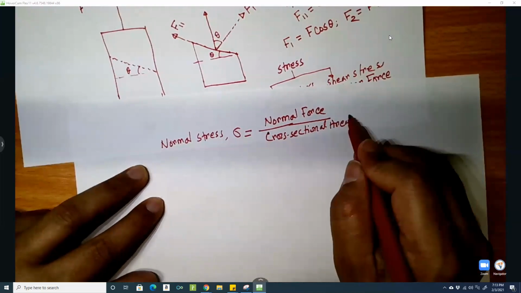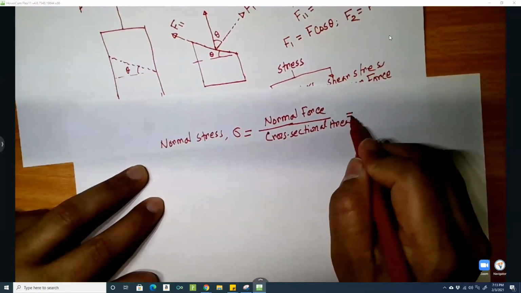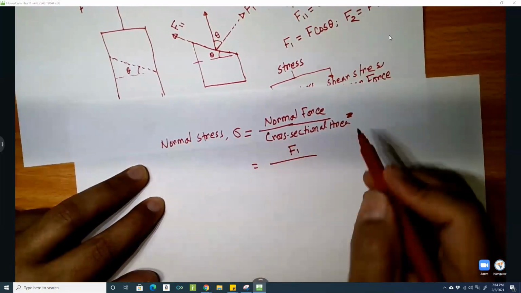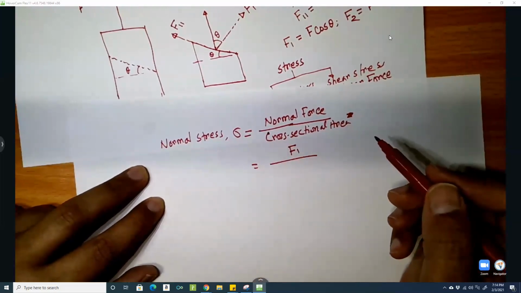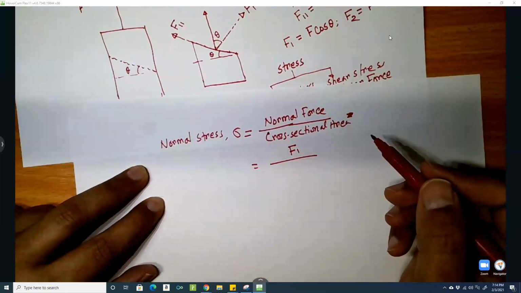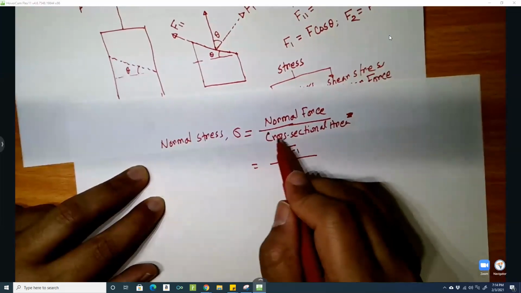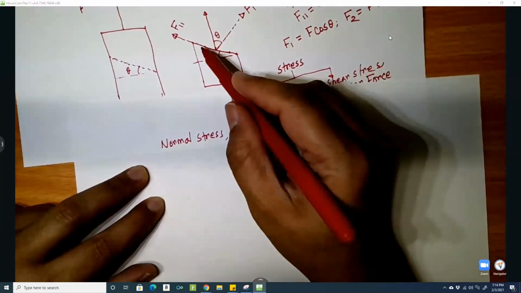So the normal force is say F1, and say area, now area is this.